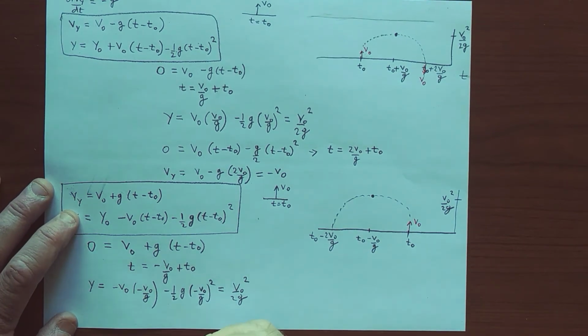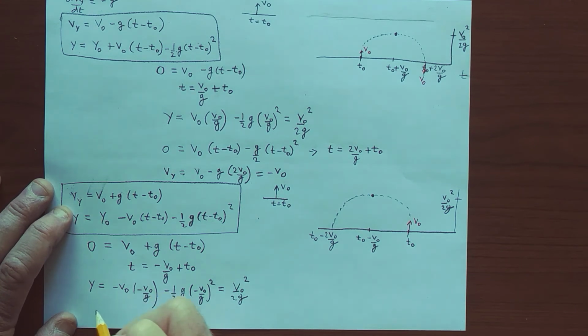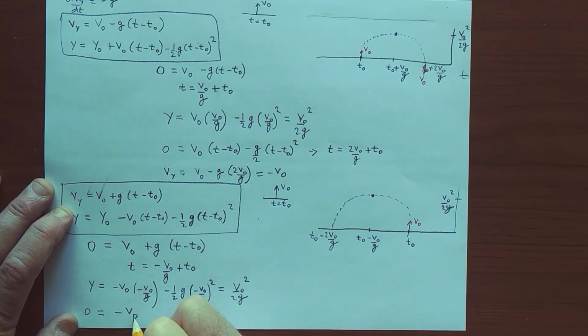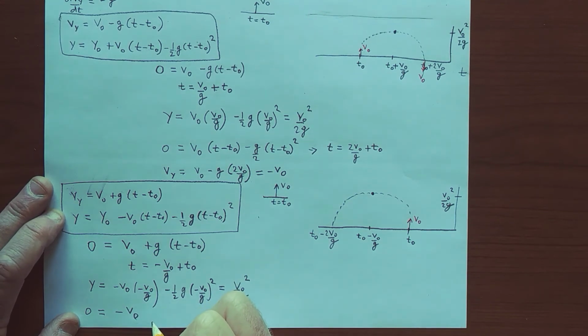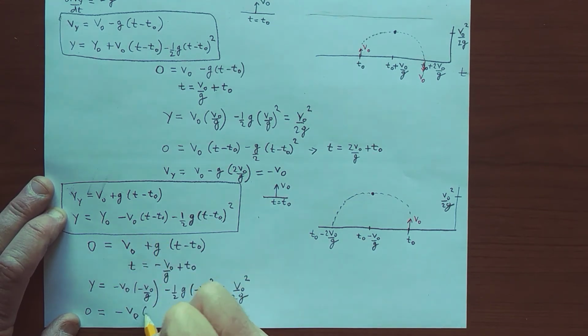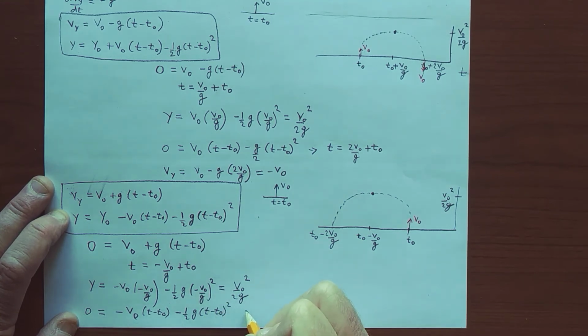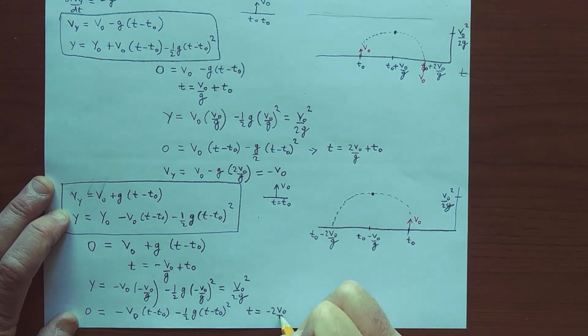So let's verify that. So ground level, 0 equals minus V naught times T minus T naught minus 1/2 G times T minus T naught squared. And so, in fact, this gives us that T is equal to minus 2 V naught over G plus T naught.